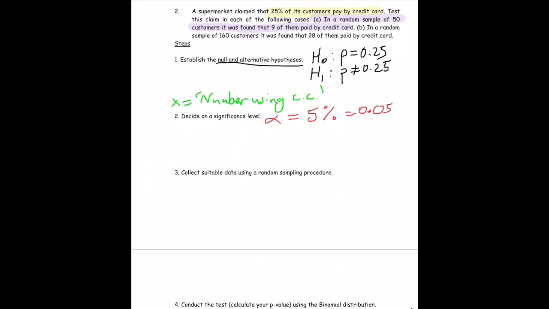Collect suitable data. So yeah, our test statistic was the number using a calculator. So in this case then, we asked 50 people, and the number of people using credit card, which is X, was 9 out of 50, and therefore the number of people using credit card here is a binomial distribution.